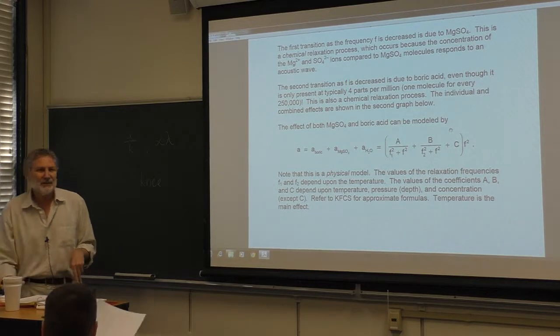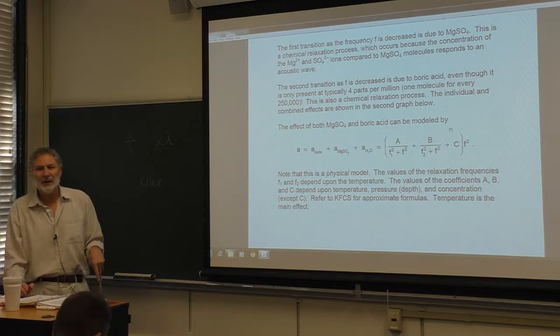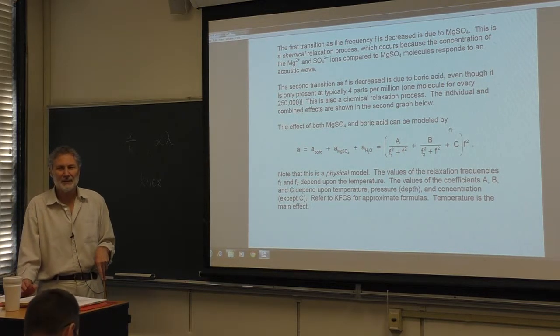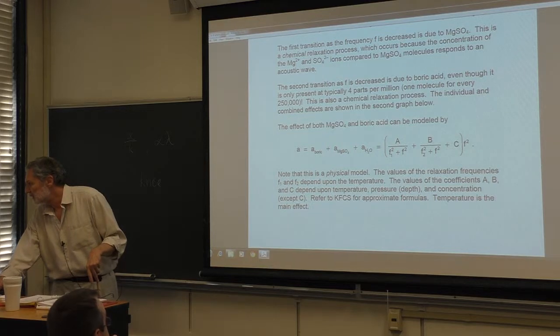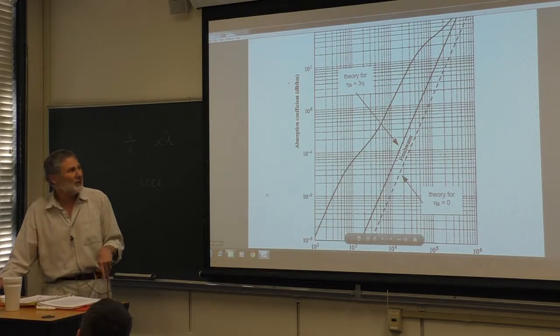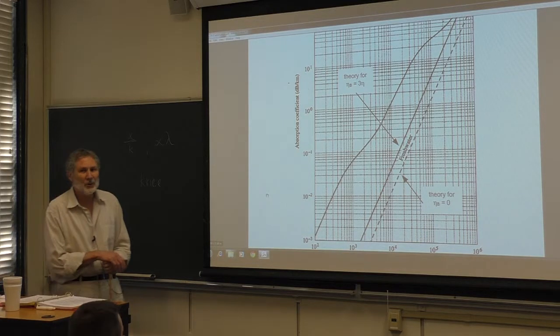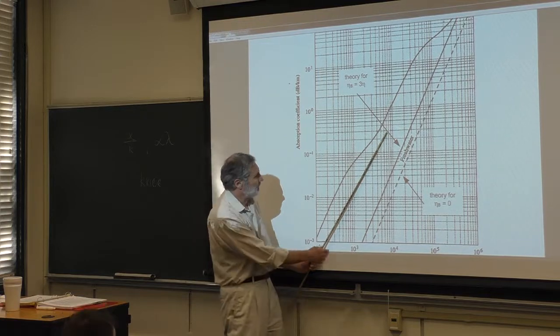If we think of, like we were talking about before, boric acid as a contaminant, okay? So you're in the ocean, and you have this 1 part in 250,000, 4 parts per million boric acid. And you're looking at sound down here around 1 kilohertz.